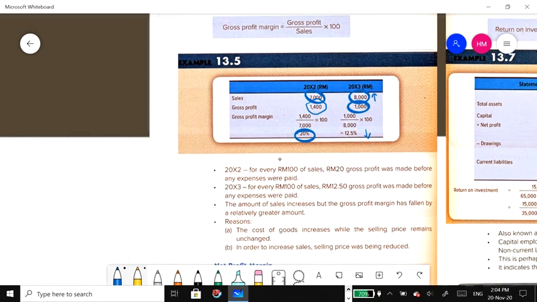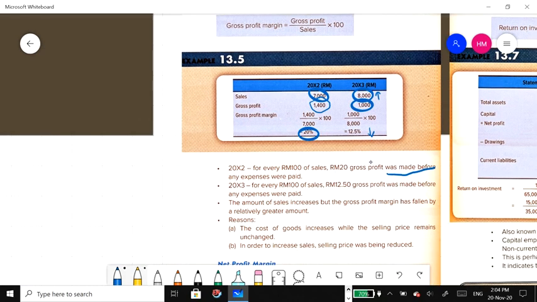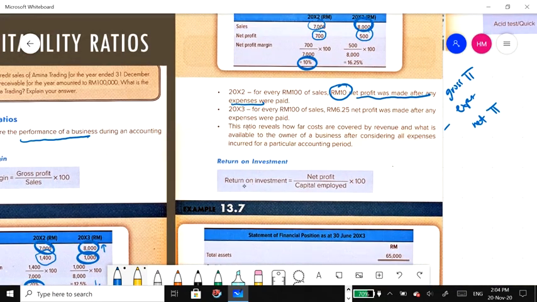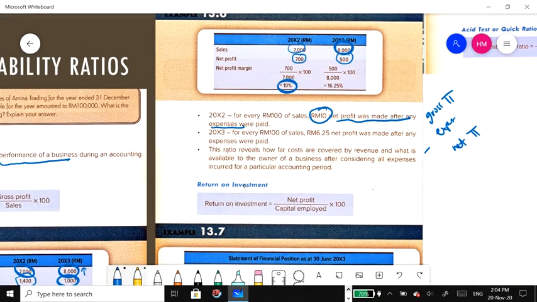Kalau gross, sebelum kita bayar any expenses. Okay. So 20X3, for every RM100 of sales, RM16.25 net profit was made after any expenses were paid.